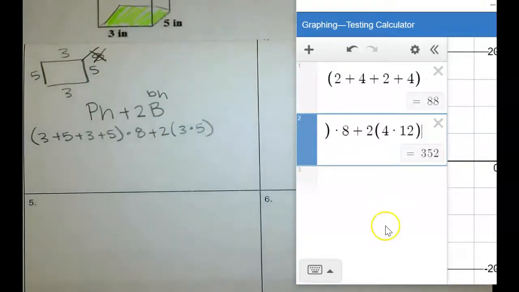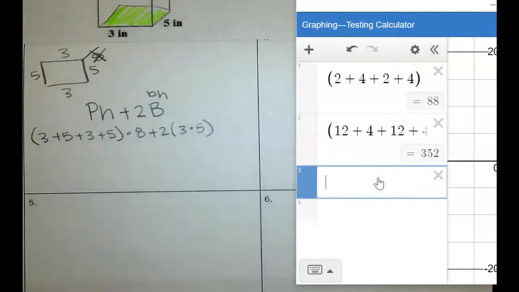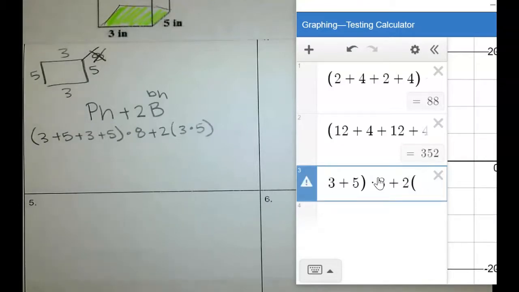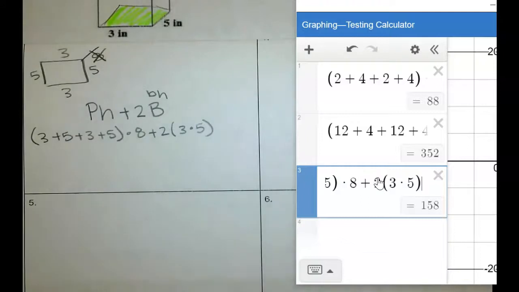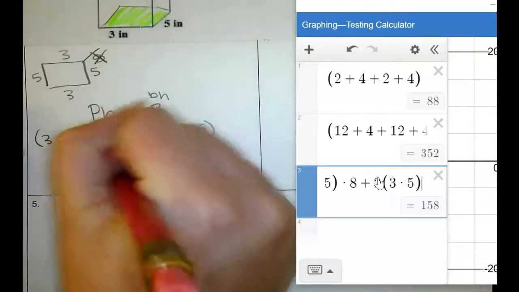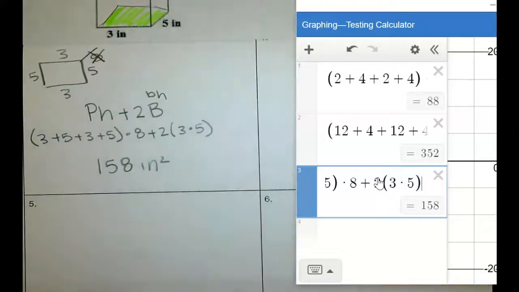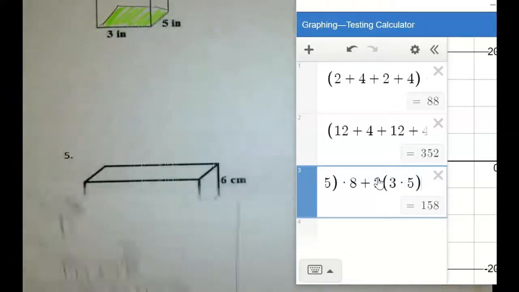Now go type it in Desmos. And you get 158 square inches.